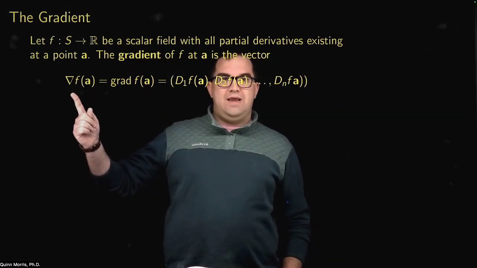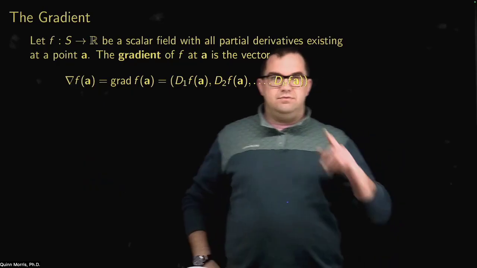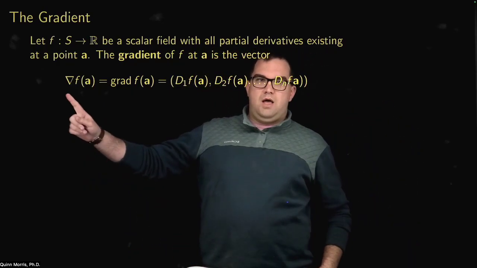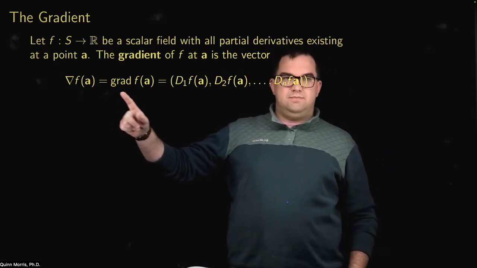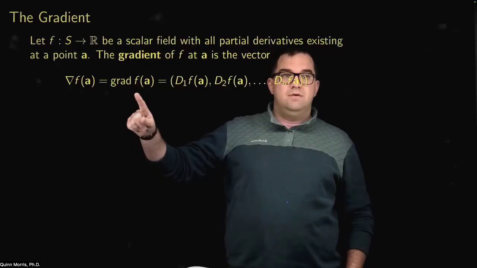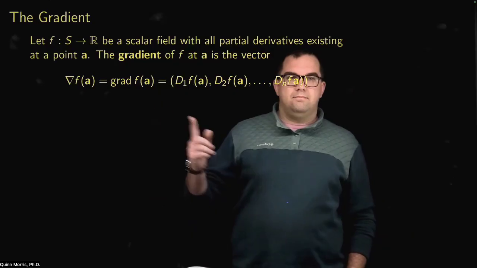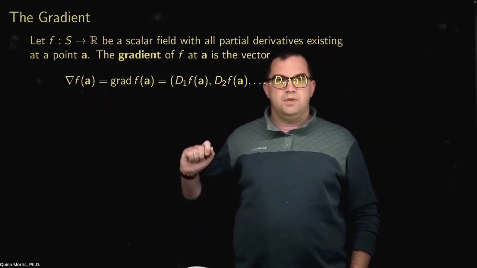We can write gradient of F at A using this upside down triangle, sometimes called a nabla, nabla F of A, or sometimes you'll just see it written as grad F of A. Both of these just mean the same thing. They mean the gradient. I'll tend to use this notation more.